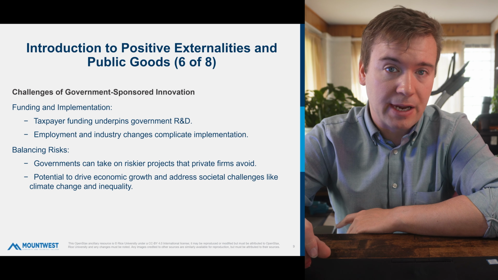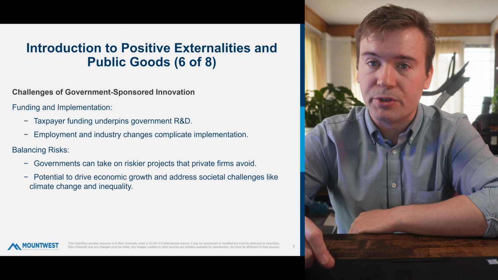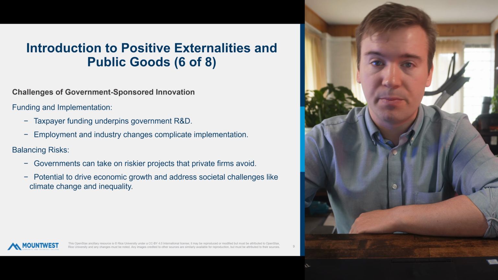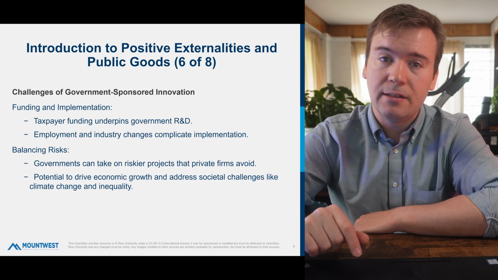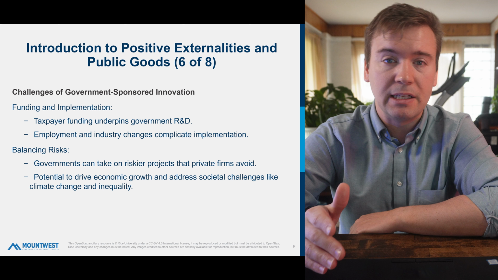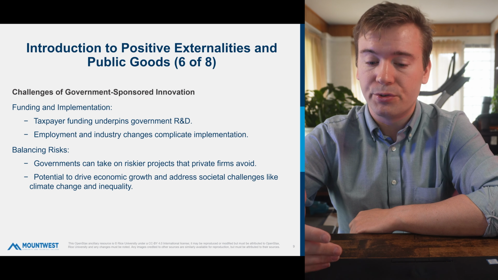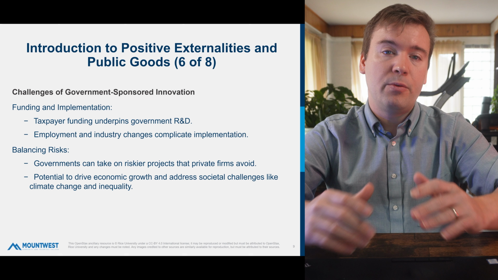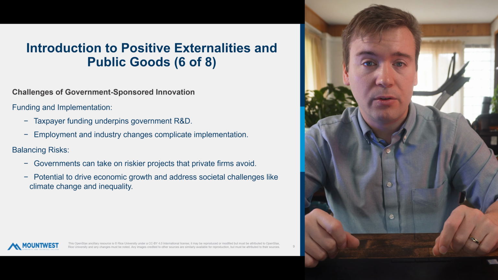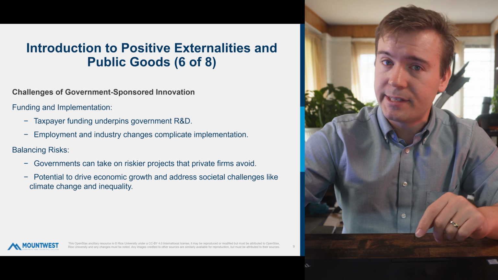When it comes to the government sponsoring innovation, a key challenge is funding, which comes from taxpayers, and the implementation piece. Government R&D, like I said, is typically underpinned by taxpayer money, which means there needs to be careful consideration by policymakers, those who make the budgets, of how much funds are going to be allocated and how the funds are to be allocated across different projects and different sectors.